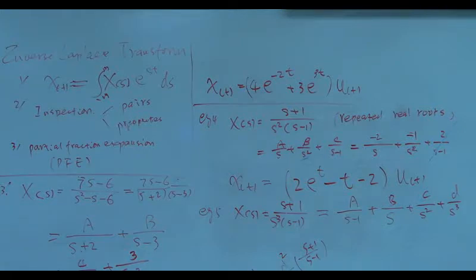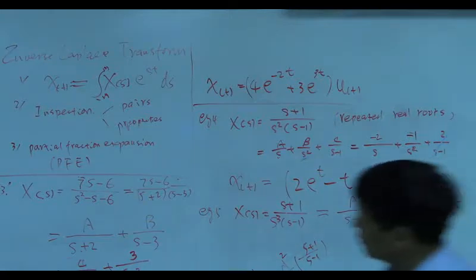Then we go step by step, one by one, from the highest order to the lowest order. We cannot do the other direction. If you try, you'll get infinity. Okay, that is the example for repeated roots.